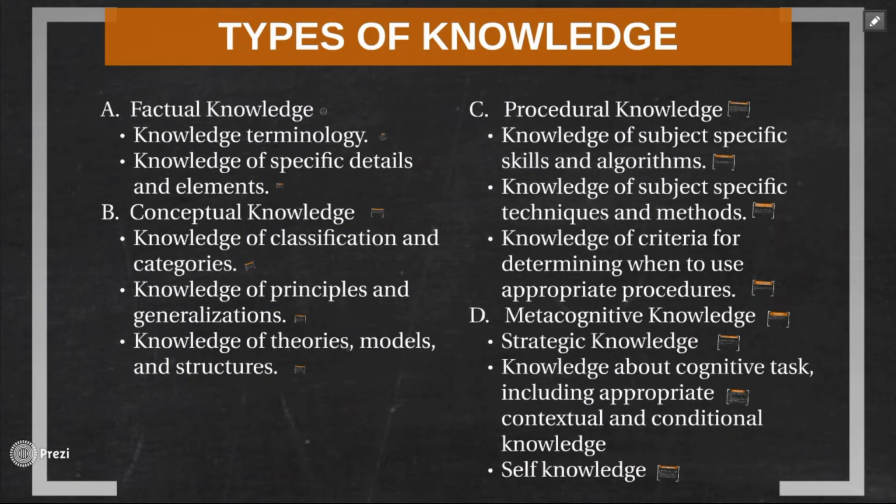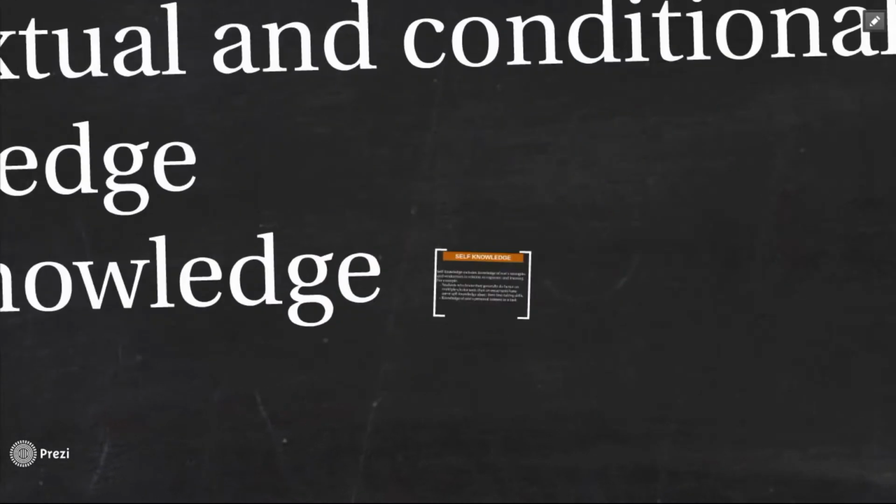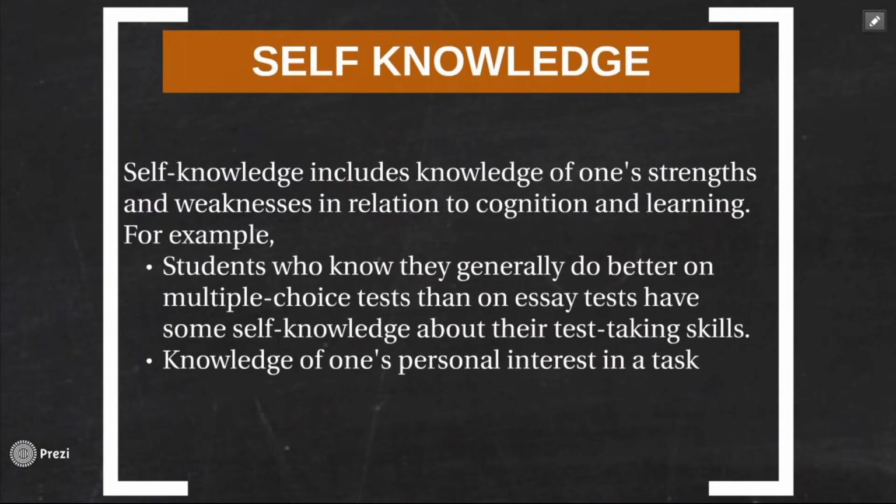And the last knowledge in metacognitive is self-knowledge. What is self-knowledge? Self-knowledge includes knowledge of one's strengths and weaknesses in relation to cognition and learning. For example, students who know they generally do better on multiple choice tests than on essay tests have some self-knowledge about their test-taking skill.